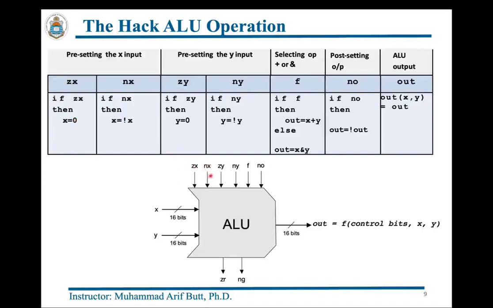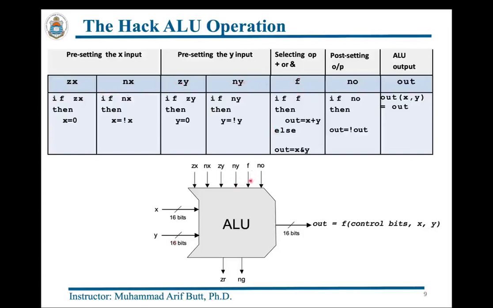Similarly, if this NX bit, not x, is 1, then perform a bitwise NOT of the x variable. And if this NX bit is 0, then do nothing with x. Similarly, ZY will zero out the 16 bits of y, NY if set will perform the bitwise NOT operation of y. And after doing any of these four operations, we reach this F bit.